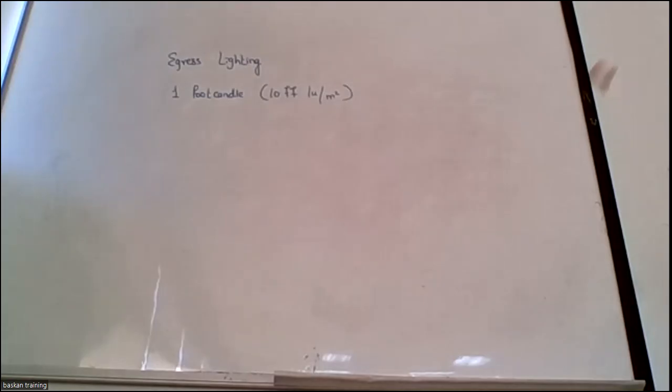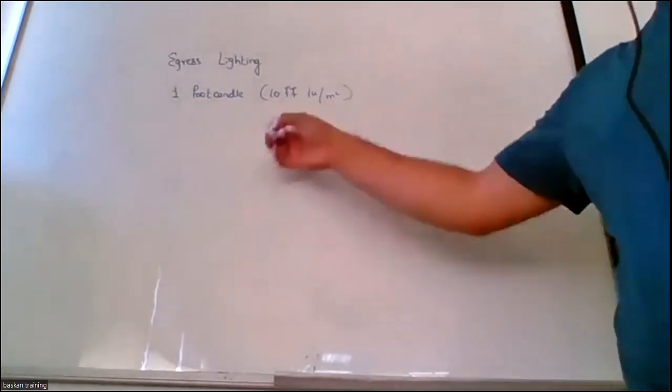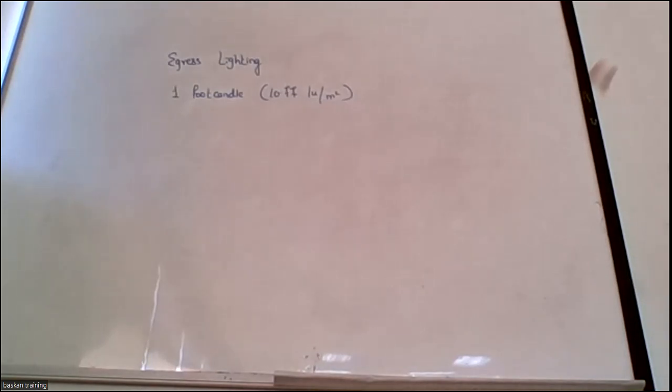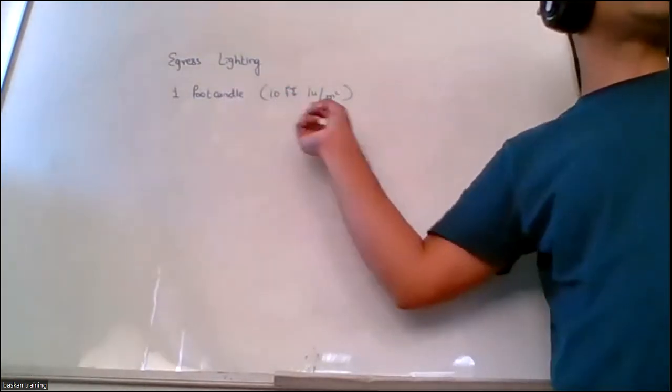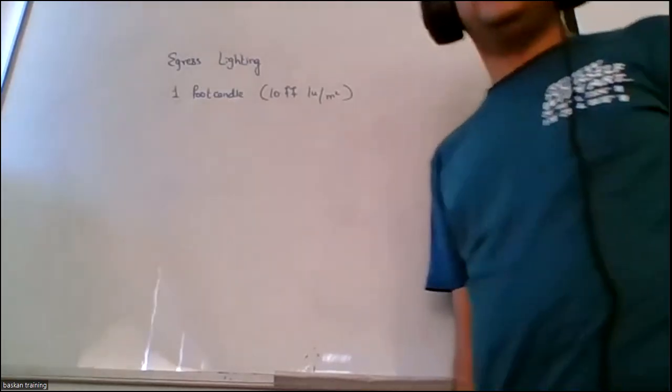So 1 foot candle. Usually the illumination is 7, 8 foot candle, and it can go up to 10 foot candle. But when it says 1 foot candle measured at the floor, it means that when your battery for the egress lighting is about to completely discharge, the minimum illumination it should be providing is this much when the batteries are completely discharged.